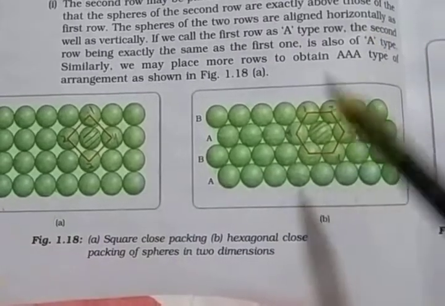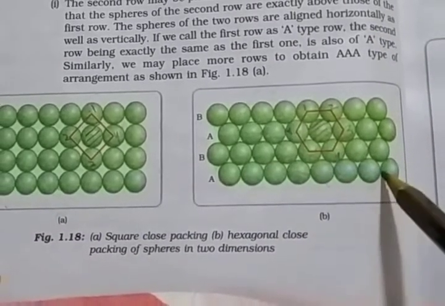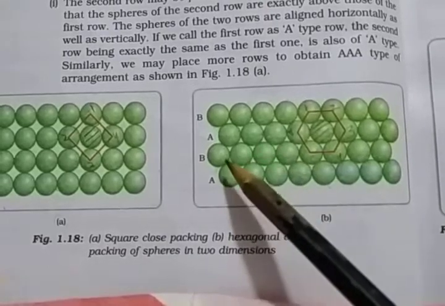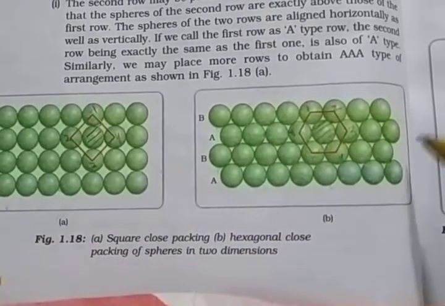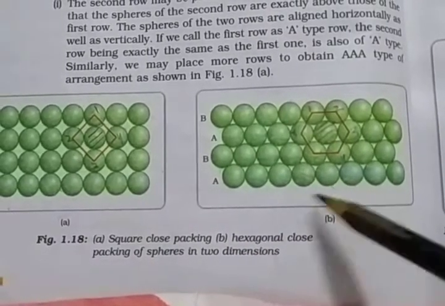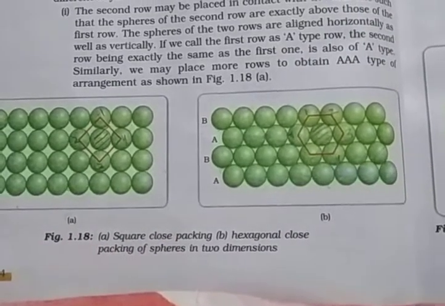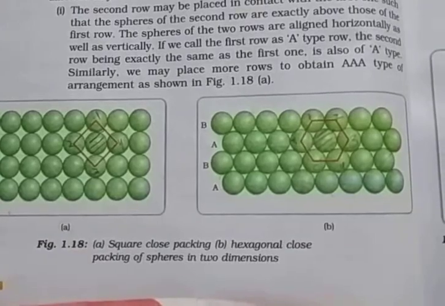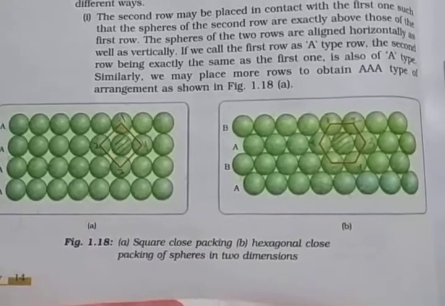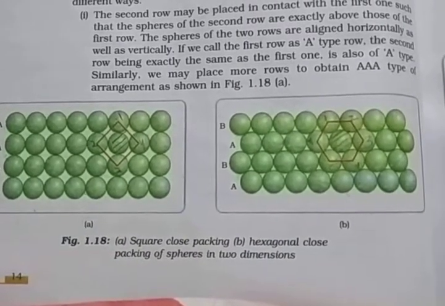Clear? And in this layer there are some voids, empty spaces. These are triangular in shape, and the triangular voids are of two different types.